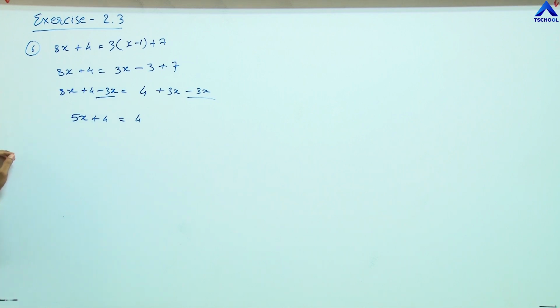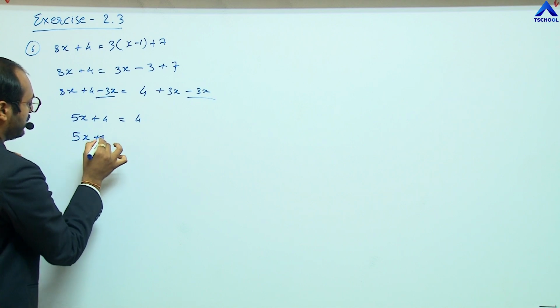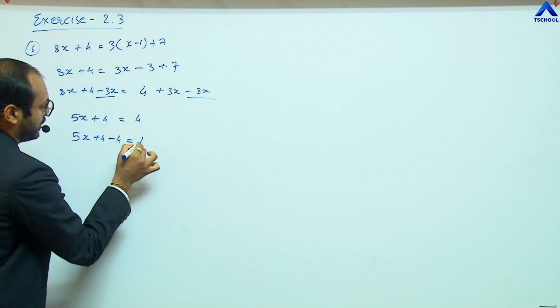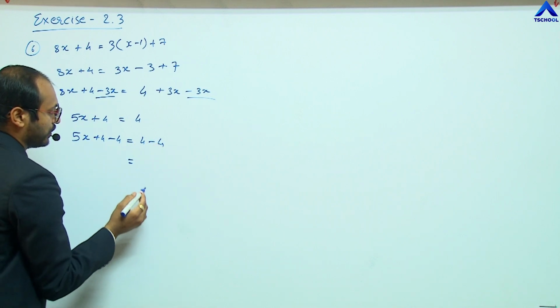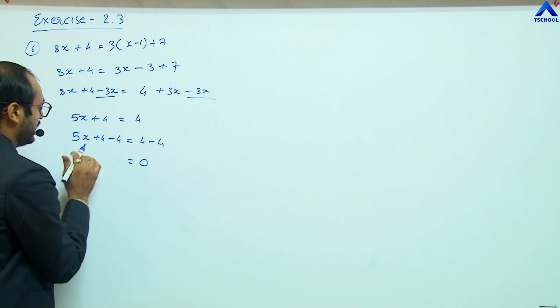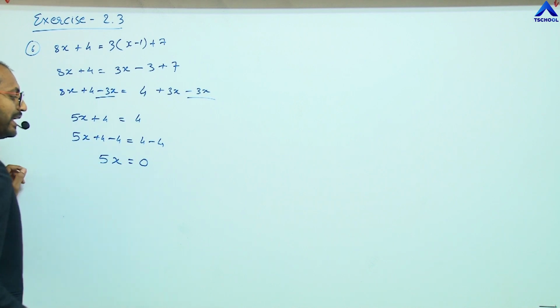Let me subtract 4 on both sides, what we get here? 5x plus 4 minus 4 equals 4 minus 4. Here 4 minus 4 gives 0, and here 4 minus 4 is 0. So we get only 5x.